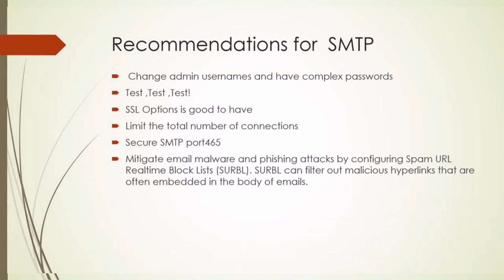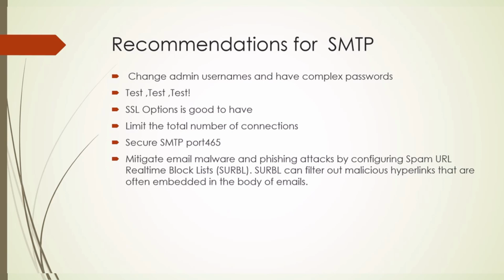Here are some recommendations and best practices for SMTP. It is always more secure to make sure that you're not running default settings. Also, make sure that you change administrative usernames and use only complex passwords. Change your passwords according to a set schedule; once every three months is recommended.